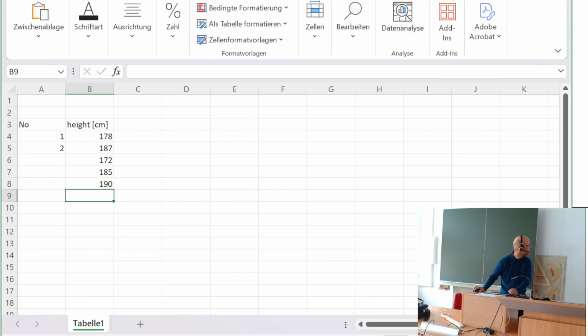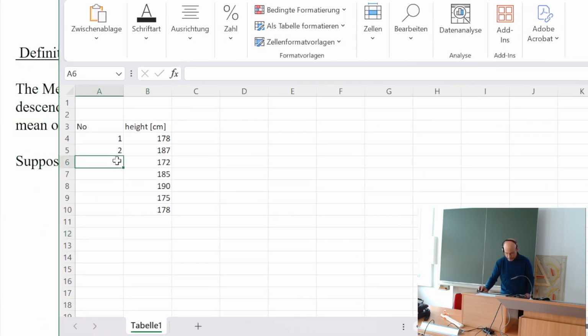No. 172, 190, 175, 178, 175, and 178 again. Okay, a bit more to the right. Then 2 equals this plus 1. Faster.